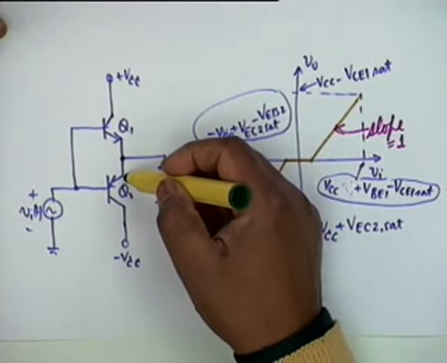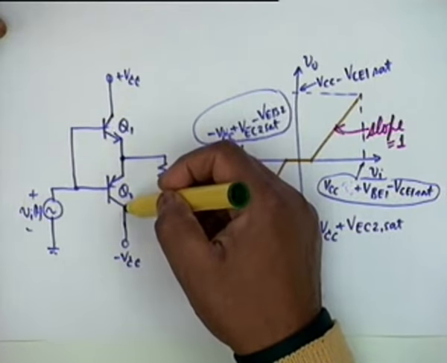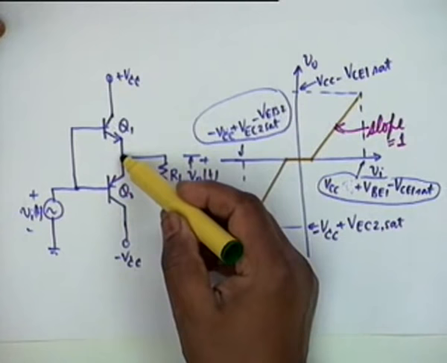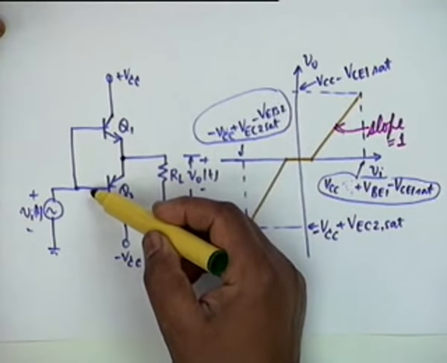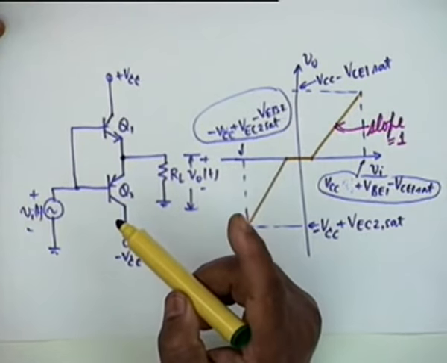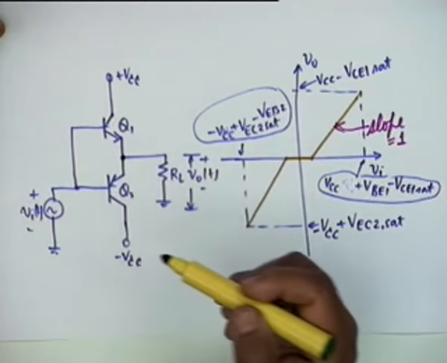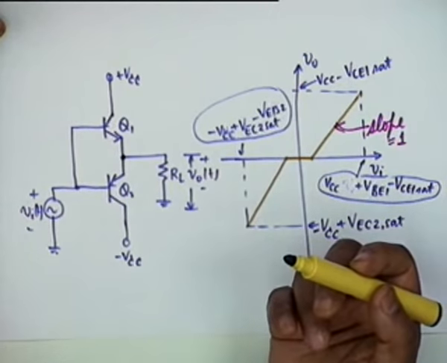Similarly, if in the PNP transistor Q2, VEB2 could be put at plus 0.7, then this transistor will also not set its deadband.